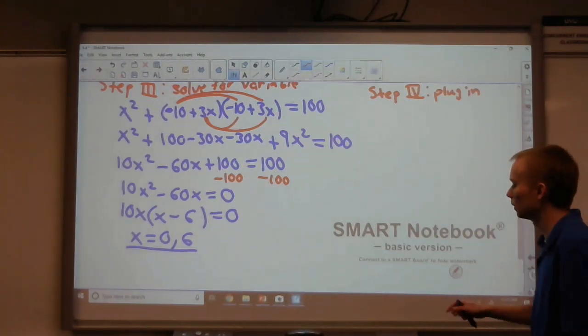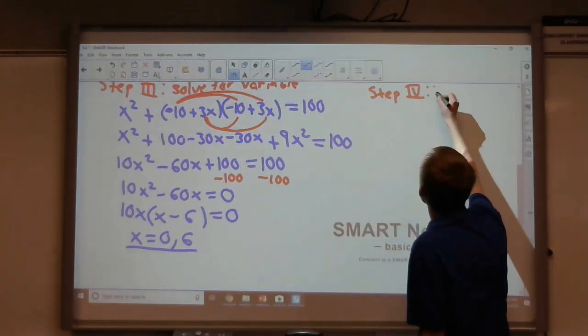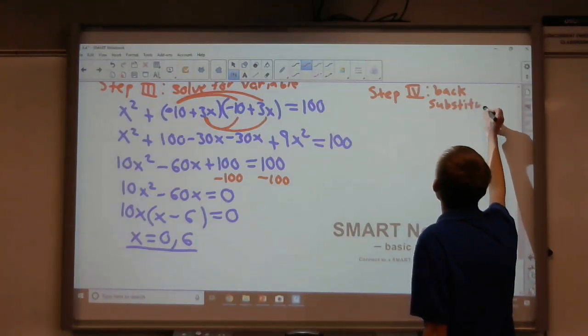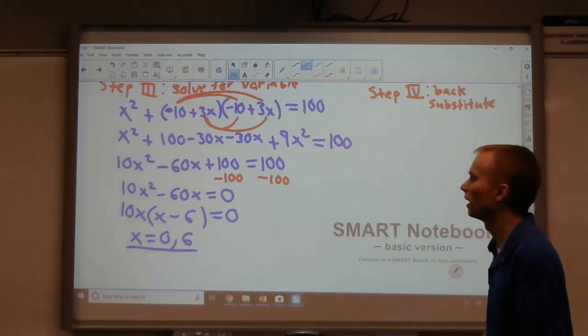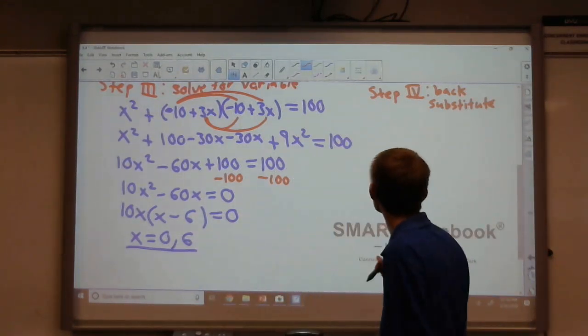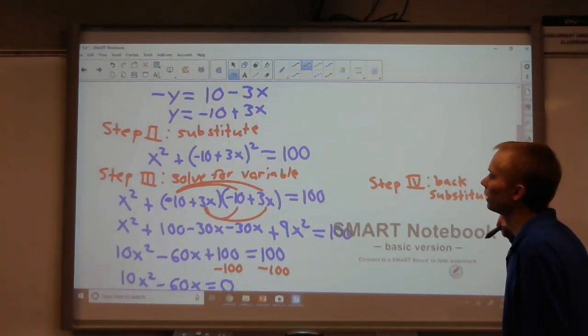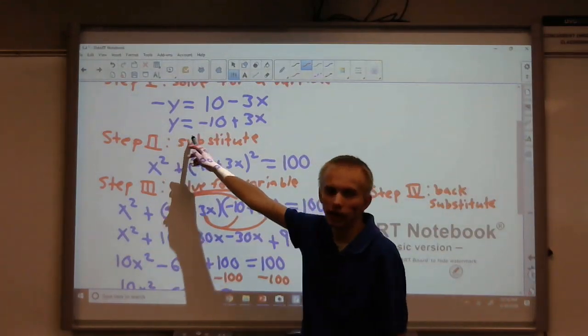So I think the book calls this back substituting, right? So I'm going to back substitute. I'm going to take these x's and find out what y is. The equation that I should use is the one that's solved for y.